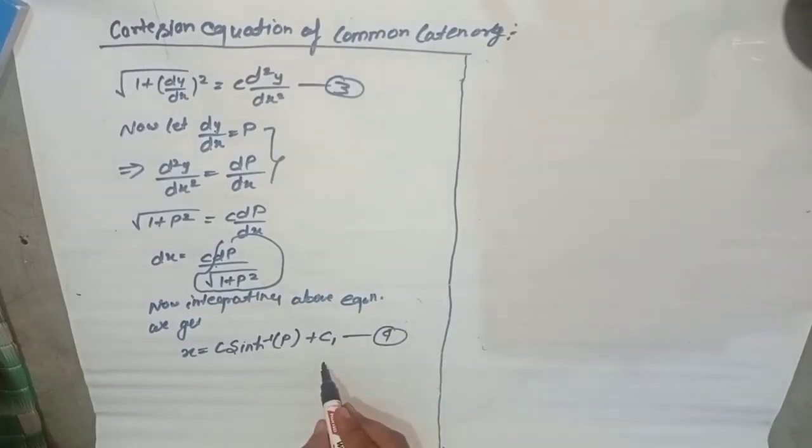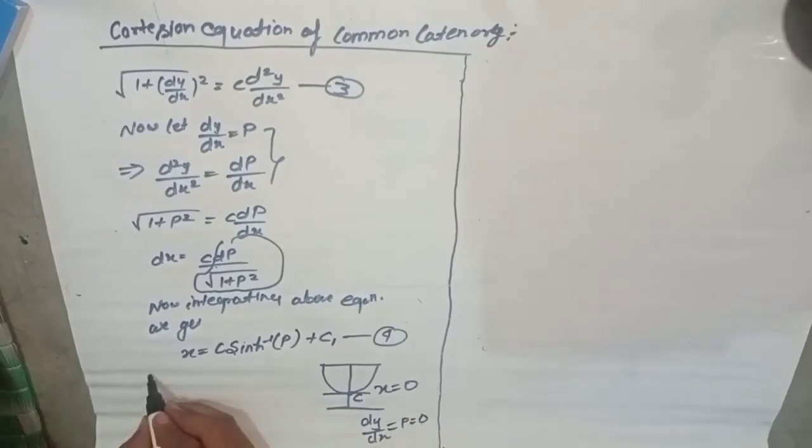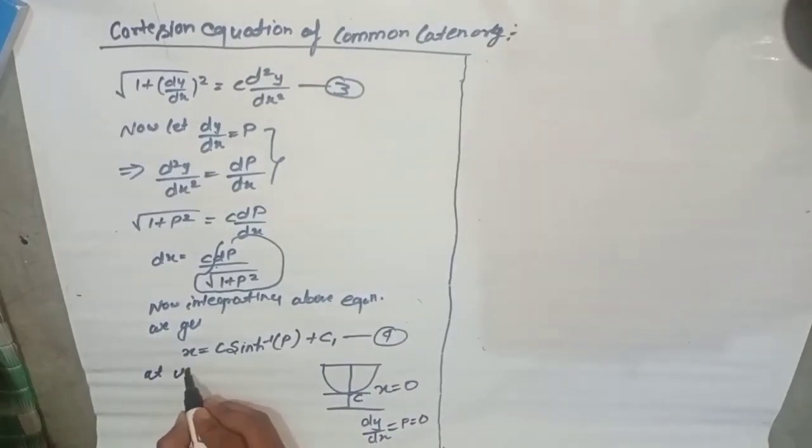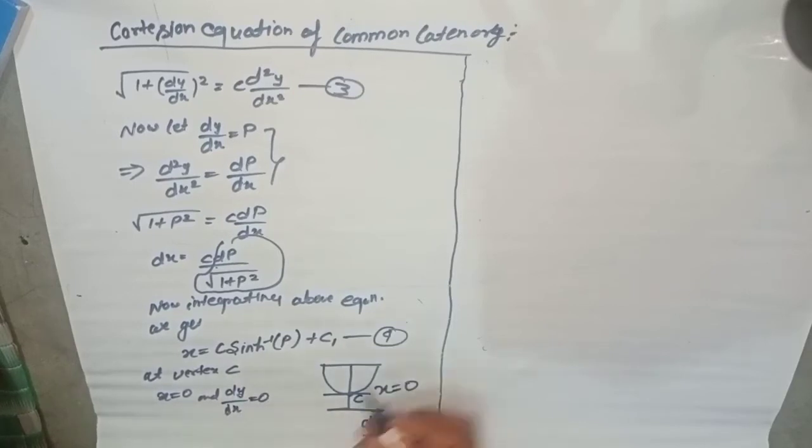Now we understand by the figure of the common catenary. This is the vertex at point C. At the vertex, the value of x is equal to 0 and the tangent is horizontal, then dy by dx, which is equal to p, equals 0. So at vertex C, x equal to 0 and dy by dx equal to 0.